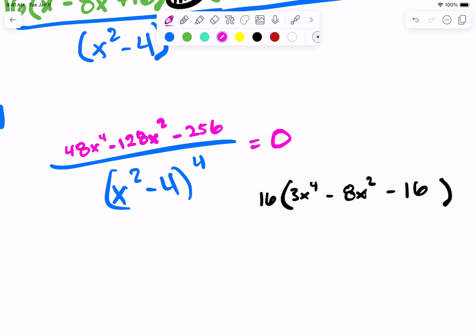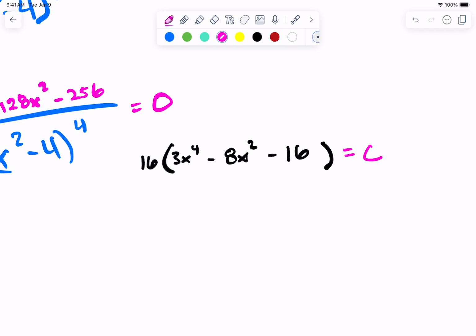All right, here we go. Since we have it set equal to 0, we can just get rid of the 16 by dividing the 16 off. So this is what we have now: 3x to the 4th minus 8x squared minus 16. This is like quadratic form, x to the 4th, x squared, a complex trinomial. 3 times 16 is 48, so negative 48.